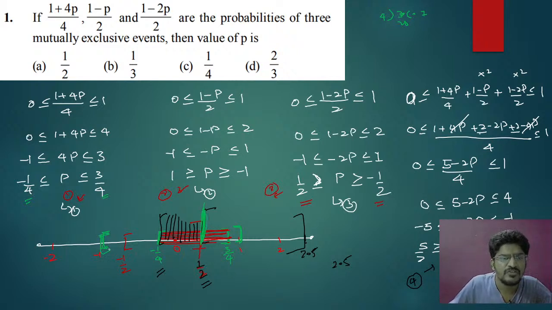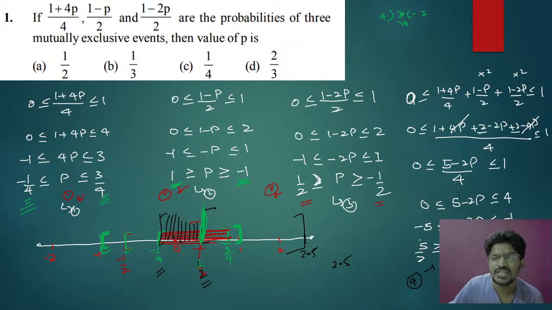Your first interval is from -1/4 to 3/4, so it is in -1/4 to 3/4. Again you can take -1/2 to +1/2, here also it is present. Again you can take -1 to +1, there also 1/2 is present.